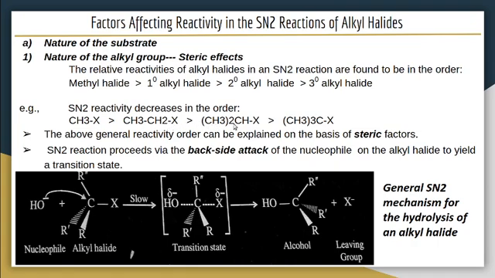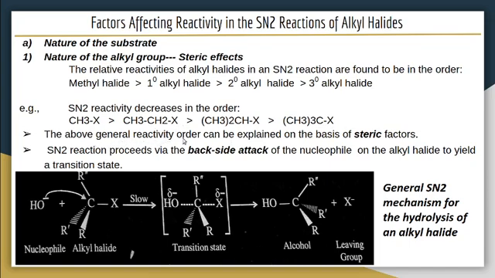Then in this case, two methyl groups are there and one hydrogen atom. So when the nucleophile attacks from the back side, two methyl groups and one hydrogen will be there. So there will be steric crowding due to the methyl groups when the nucleophile attacks from the back side. Again, when the number of alkyl groups increases, the reactivity decreases in SN2 reaction.